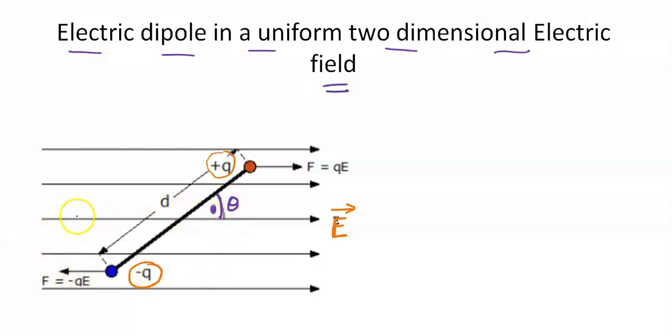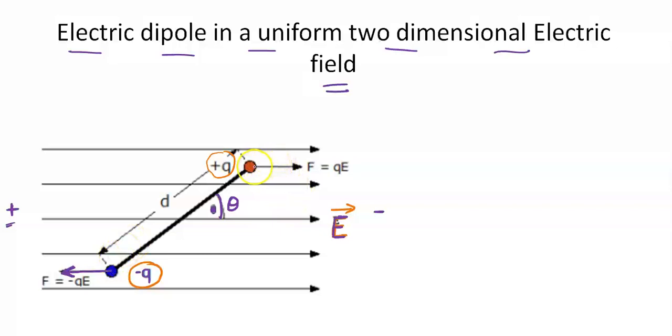Now you know that the direction of electric field intensity is always from positive charge to negative charge. So we can say that there must be a positive charge somewhere here and negative charge somewhere here. And that's why this negative charge, this minus q charge, will get attracted towards this positive charge. So you can see here a force is being applied on this negative charge due to the electric field.